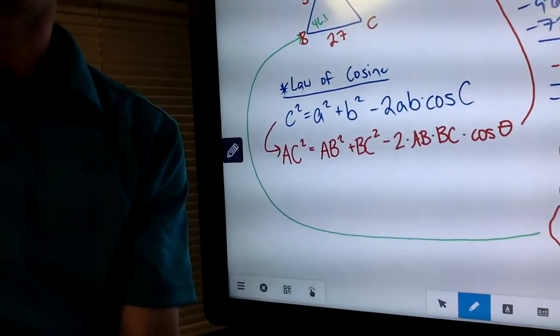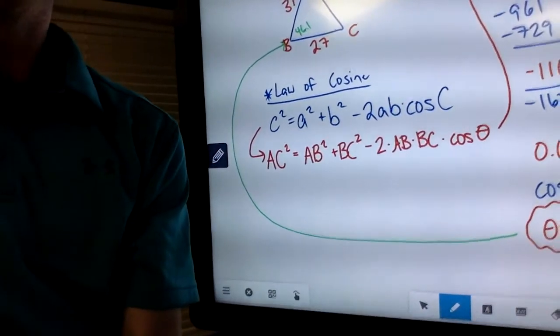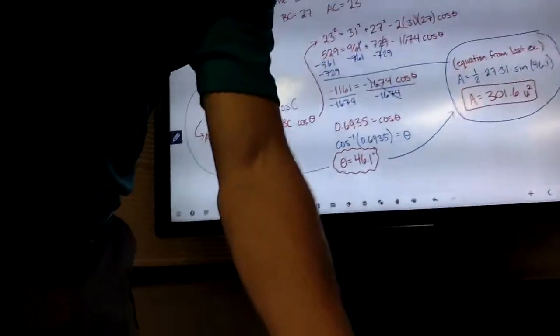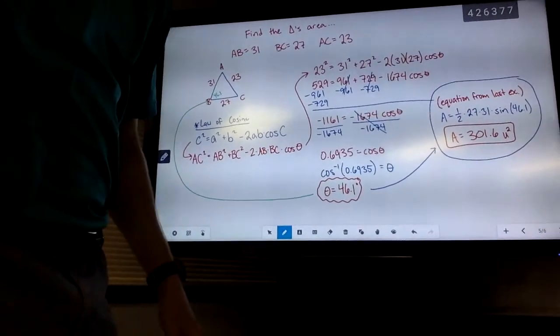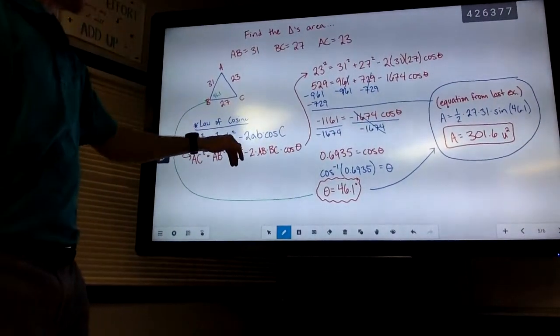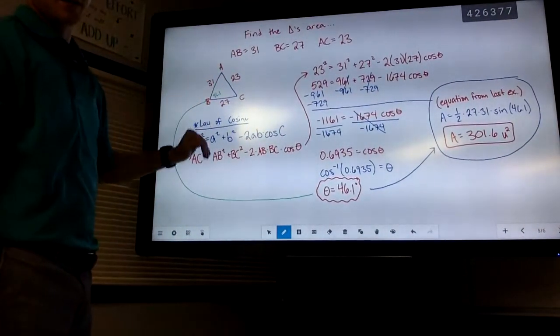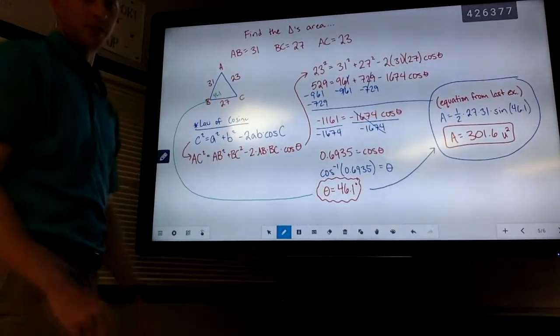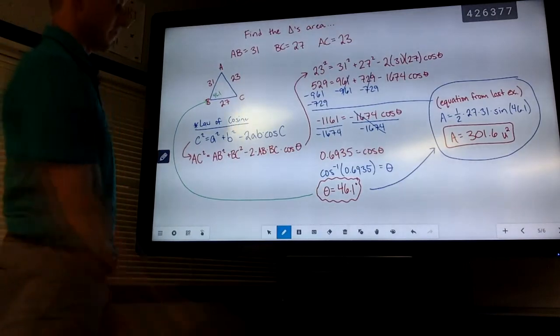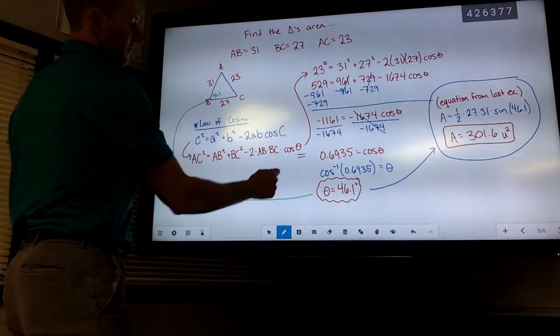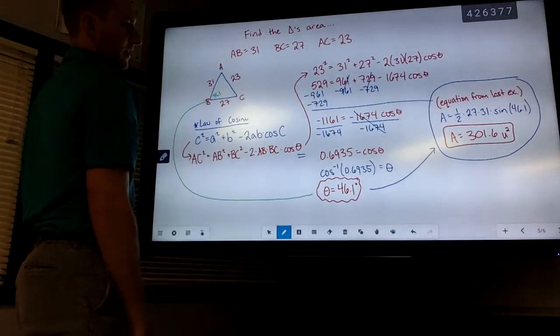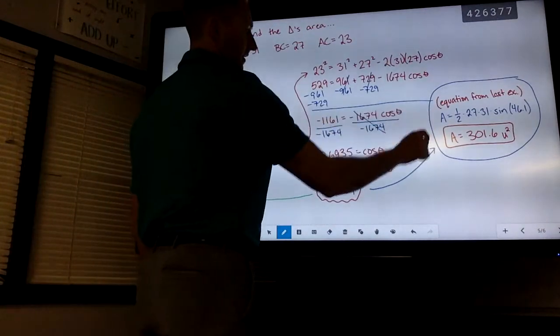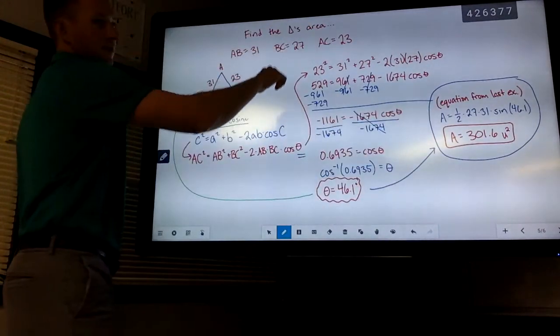I think on your Savas, they might give you like L, K, and M. But if you do need help, just use that question help button to get your letters straight. But these letters just represent the sides. So usually our sides are like the lowercase letters. Here they have AB, BC, and AC. Just trying to trick you. But our end goal is to find this theta, because then we can plug it back in to our area equation to find area.